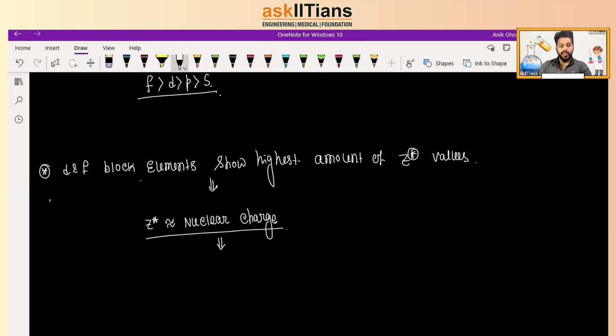And do we know what we call this, guys? We call it D and F contraction. Correct? The nuclear charge is high, so from there we can write the atomic radius decreases.